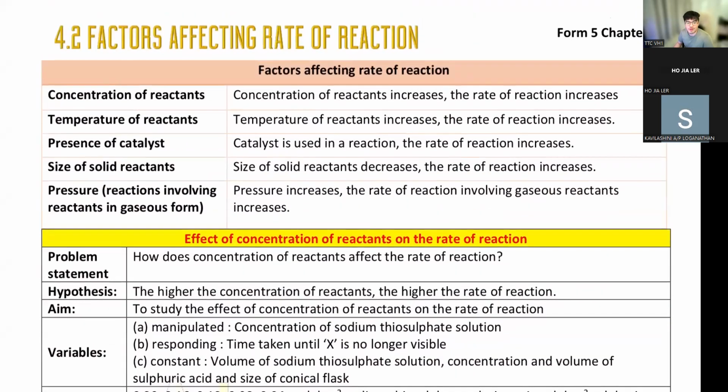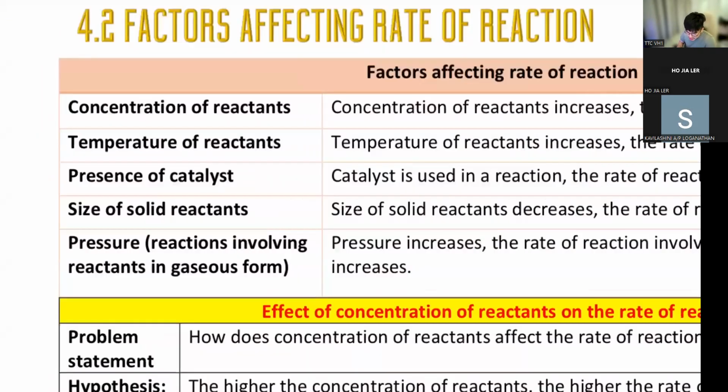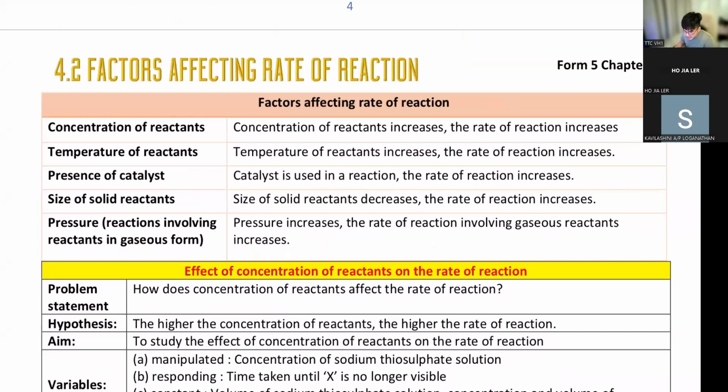Okay, so let's go to 4.2. Have I mentioned this last week? What affects your rate of reaction? I'm just going to quickly repeat. How do you make your reaction faster? The higher the concentration, the higher your ROR.